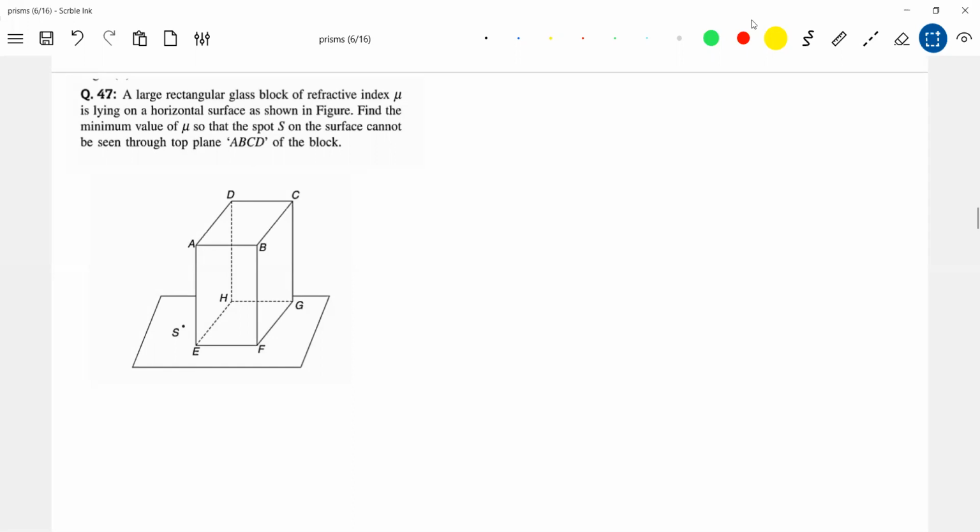So where is the high? The high will be located. So we'll make a plain diagram. I think that this point is not there. So there's a spot.